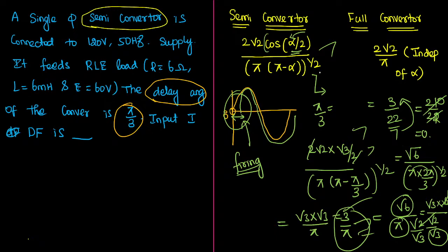0.78. Good. 7 times 22, 154, it should be. Is it correct? One minute, guys, I'm also doing it.